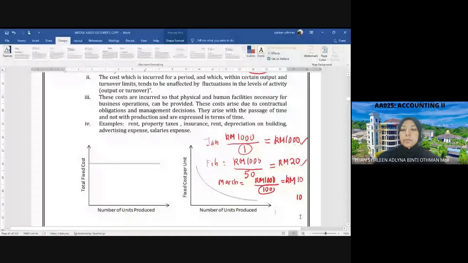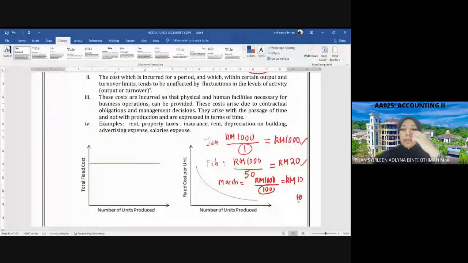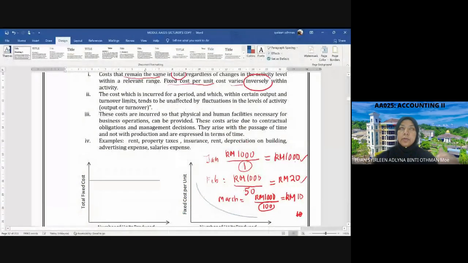Okay, so if you look here, it changes inversely. So when you increase the cost driver, automatically the fixed cost per unit will decrease. That is fixed cost per unit.